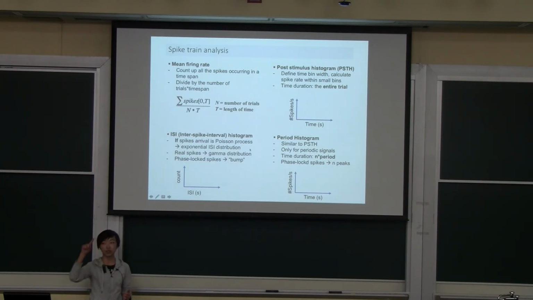You have a rapid increase, then decay. That's a gamma distribution. What if you see phase lock in your spikes? Then reflected in this ISI histogram, it should be a bump somewhere at the phase locked period. So you still have a gamma distribution, then you see a small bump somewhere else.